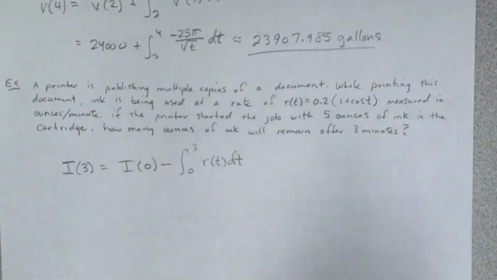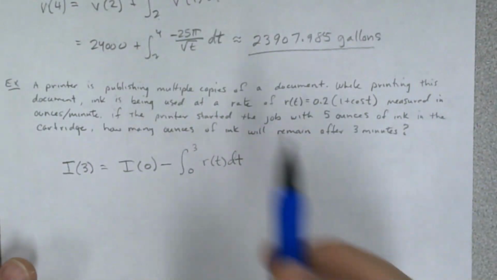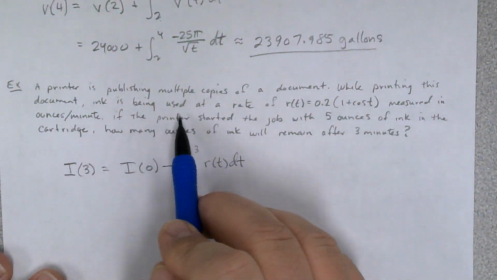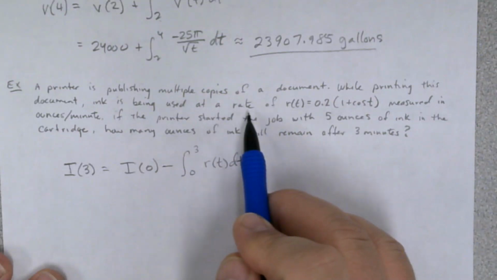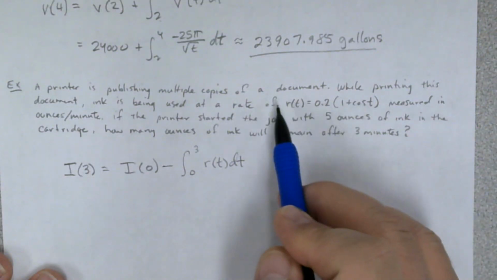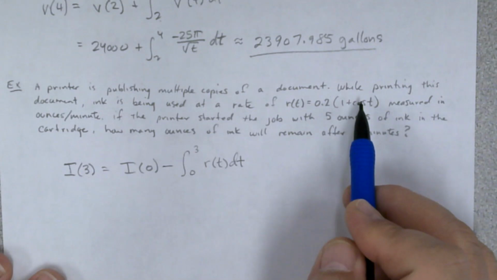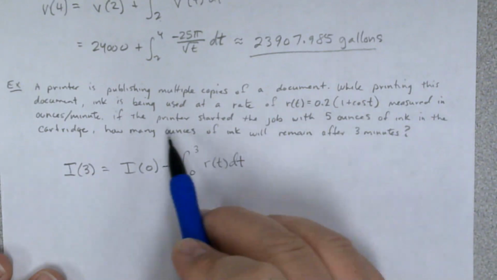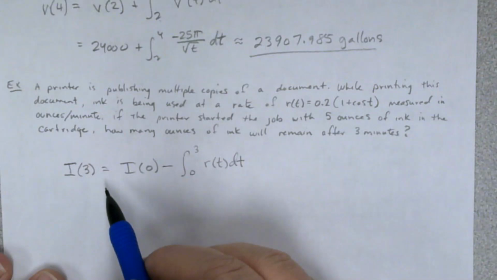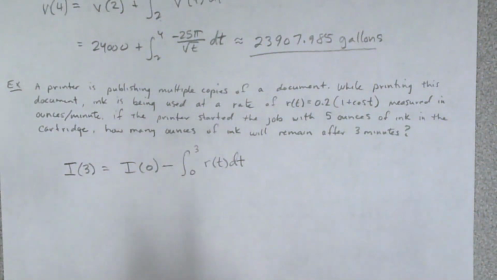Think about it. What are they actually giving you? This is the amount of ink that is being used. This is the rate at which it's being used. But the question I'm asking you is how much is left in the cartridge? The amount left in the cartridge is the amount I started with minus the amount I used.